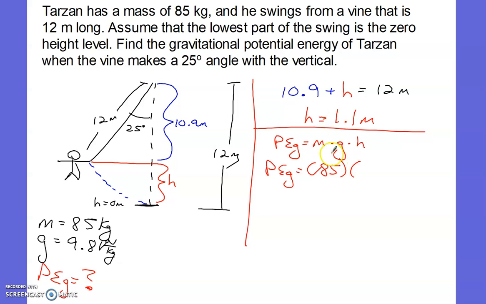My g is always 9.81. And I just solved for my height, which is 1.1. If I multiply those in my calculator, I get 917.2 joules.